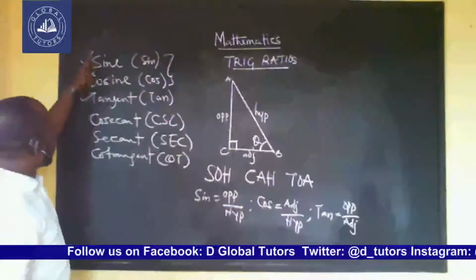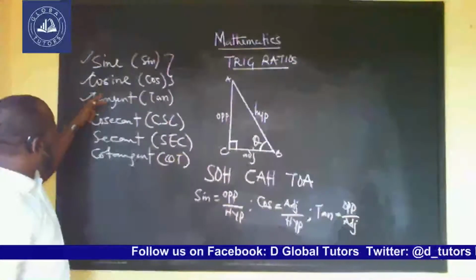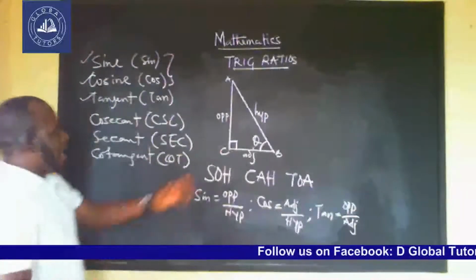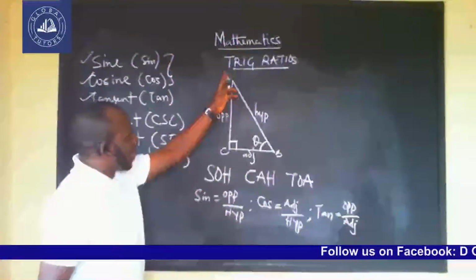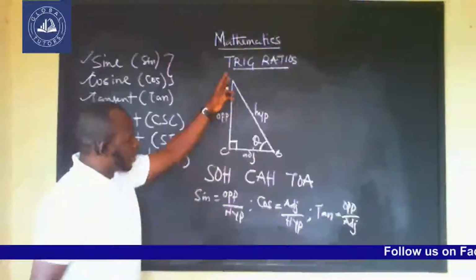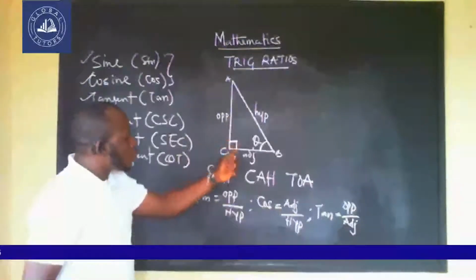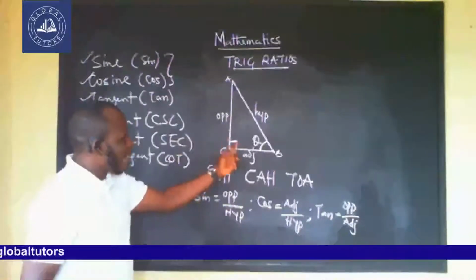So we're looking at sine, cosine, and tangent for the purpose of this class. And I said we would consider a right angle triangle. And a right angle triangle is a triangle whose one angle is 90 degrees.